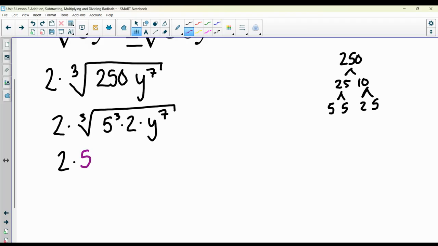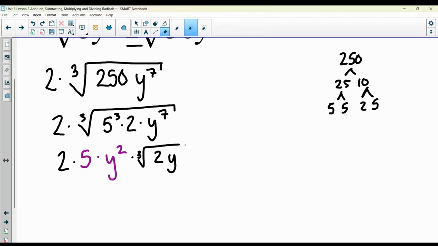There are 2 sets of y's that would be able to fit. So the mixed number would be 2 and 1/3, which means y squared would come out. So what's left inside, we said 2 to the 1st would be left inside, and 1 y would be left inside as well.